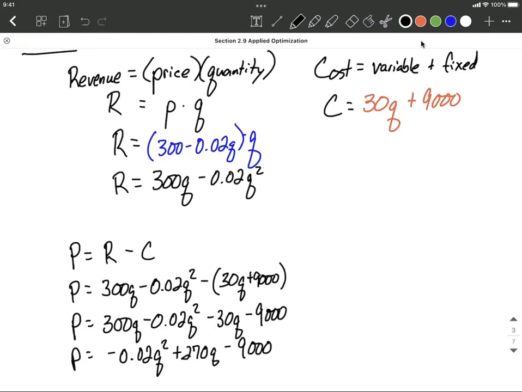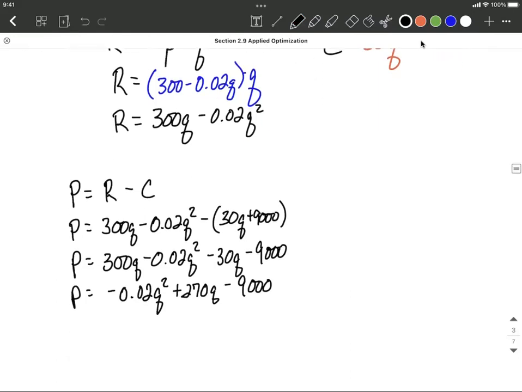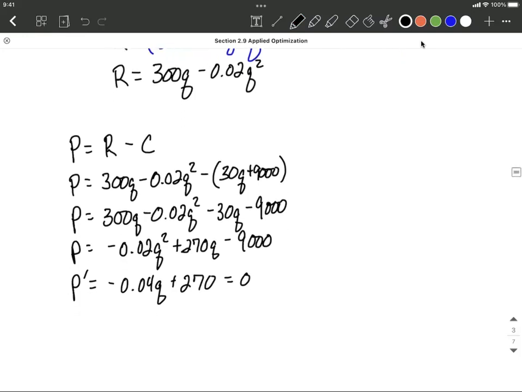All right, so two different ways we can solve this. We've created a profit function. One way to go about this is find the derivative of the profit function. Okay, the derivative here is going to be using the power rule. We go negative 0.04Q to the first plus 270. Next, we want to find critical values or critical numbers by setting this equal to 0 and solving down.